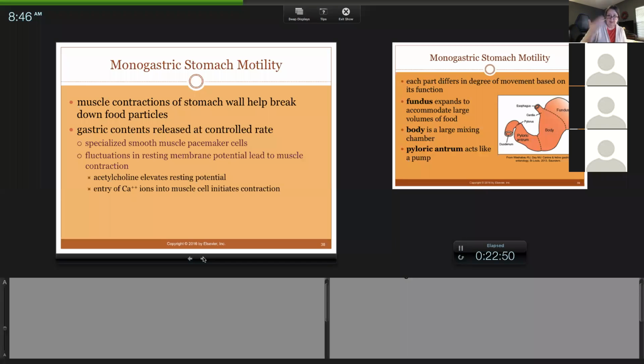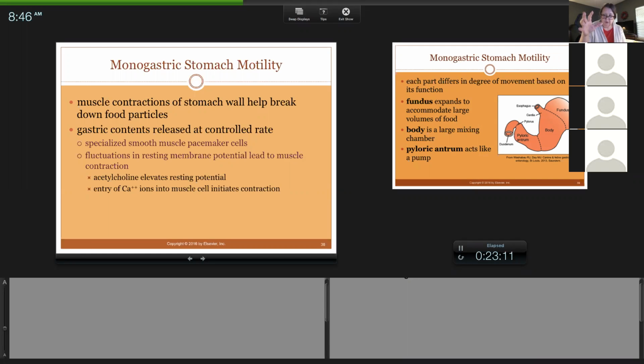But what's happening is it needs to be a slow enough process. So there are pacemaker cells. Now, I hear pacemaker, I think of the heart, because the heart sets the rhythm. It's not like the SA node, this is a little different, but there are smooth muscle pacemaker cells.